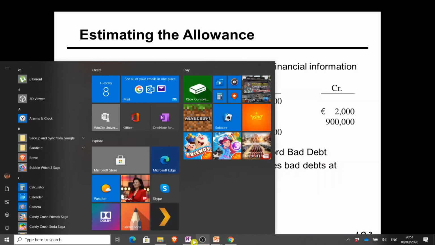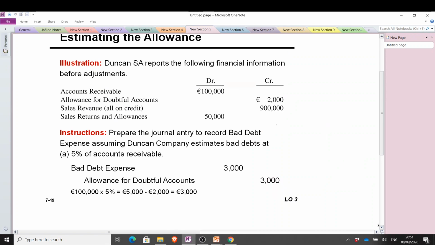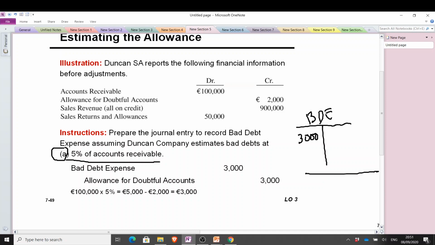So to record our bad debt expense based on the first instruction, point A, we record bad debt expense as much as 5,000 and allowance as much as 5,000.